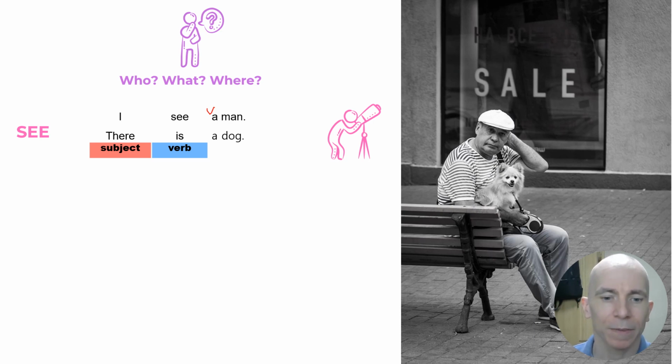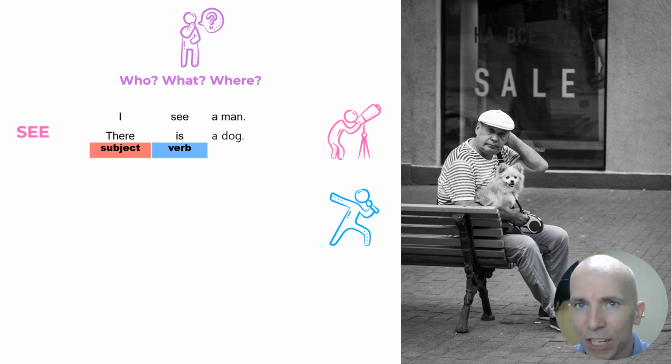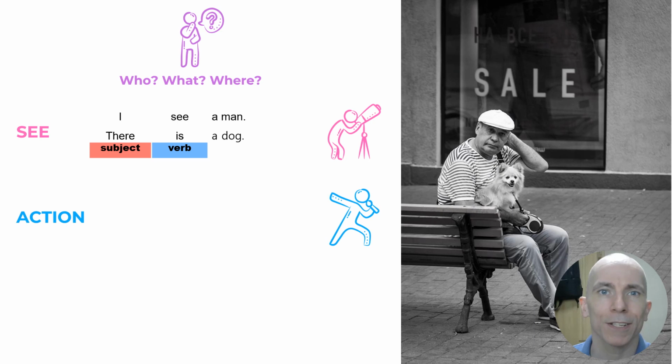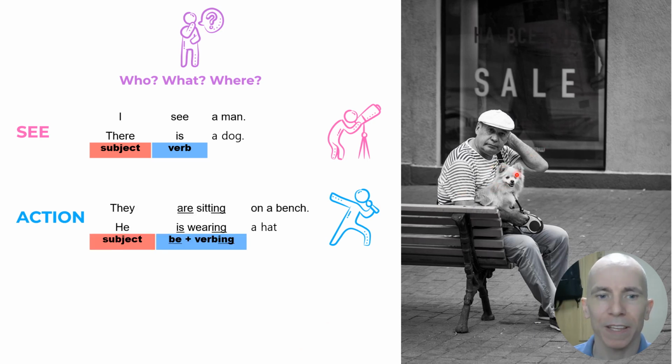Then talk about the actions in the picture. So not the be verbs anymore, the actions. So in this one, there's not many actions, but we have this. They are sitting on a bench.